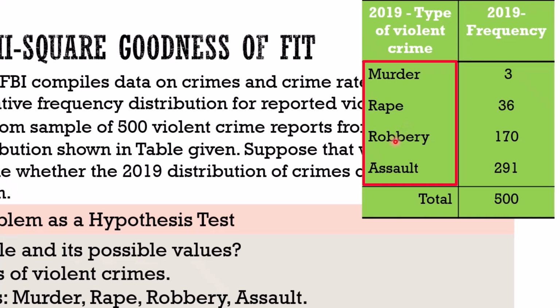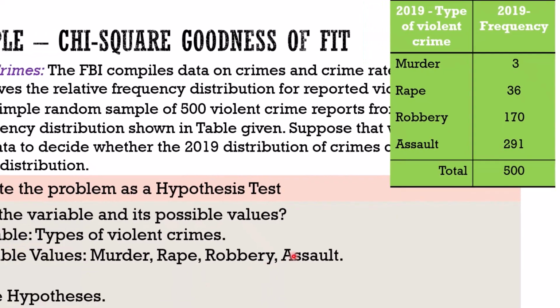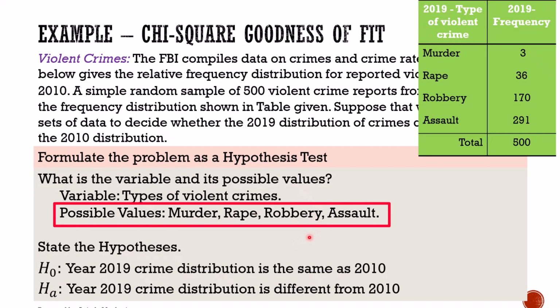So you have to state the possible values are murder, rape, robbery, and assault. Keep in mind that we are working with categorical or qualitative data which comes to us in the form of names. So these possible values will not be numbers. They will be names, the types of violent crimes. Please do not write the frequency numbers for the possible values. It's the categories of the variable that we are working with.